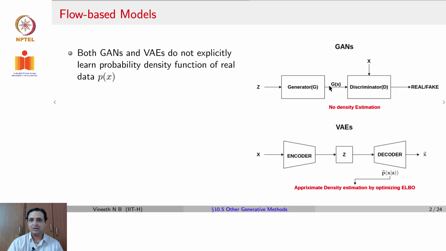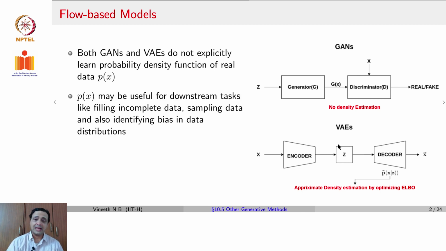In case of GANs, we already saw that the density estimation is implicit. You don't explicitly assign a probability density function and try to estimate it in a GAN. In case of VAEs, we get an approximate density estimation by optimizing your evidence lower bound using variational inference. In both the cases, you don't get the exact density function.